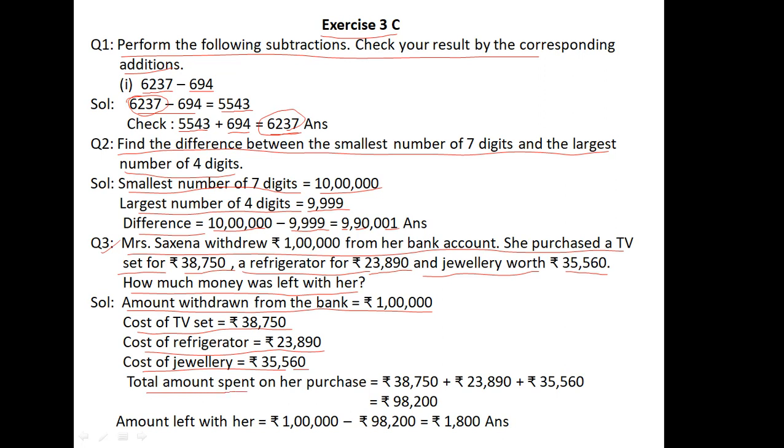Total amount spent on her purchase equals, we add all the three: rupees 38,750 plus rupees 23,890 plus rupees 35,560. It will come 98,200. Now the amount left with her equals, we have to subtract 1 lakh minus 98,200. It will come rupees 1,800.